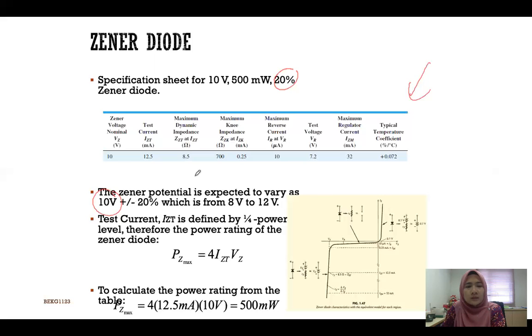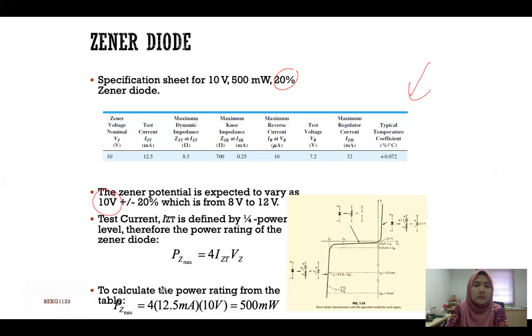And you can also calculate for the power PZ max. So the equation for the PZ max is 4 IZT multiplied with VZ. Okay, so if you want to calculate the power rating based on the table, based on the specification, using this formula, 4 IZT multiplied with VZ.